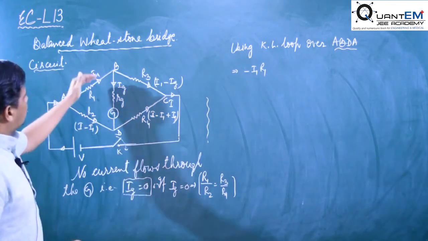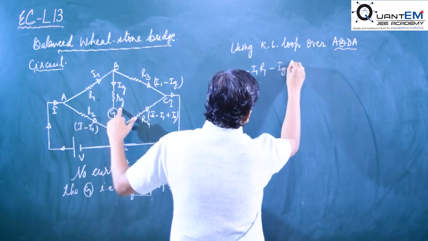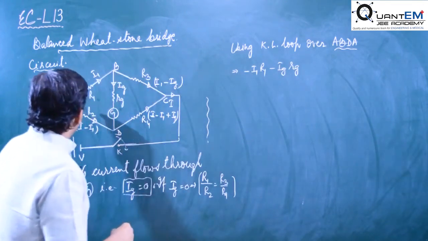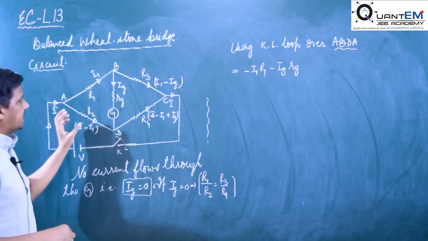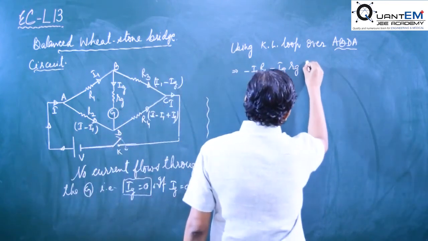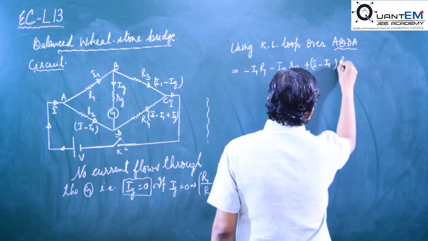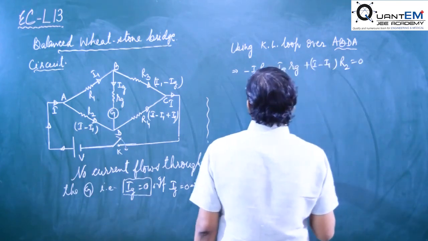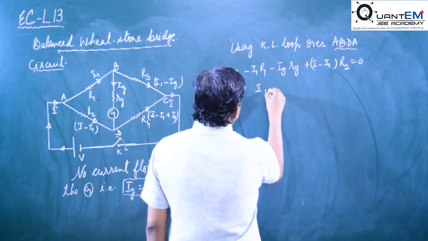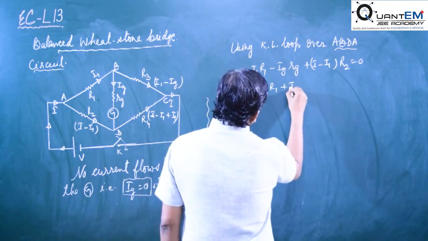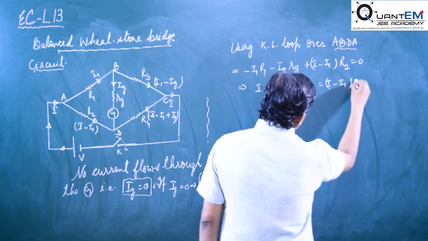Now B to D, again current and loop are in the same direction, so minus Ig Rg. Now D to A, current is coming from A to D, while we are coming from D to A, current and loop are in the opposite direction, that's why potential drop is positive, that is I minus I1 into R2, and that result is 0. So we have I1 R1 plus Ig Rg is equal to I minus I1 into R2.